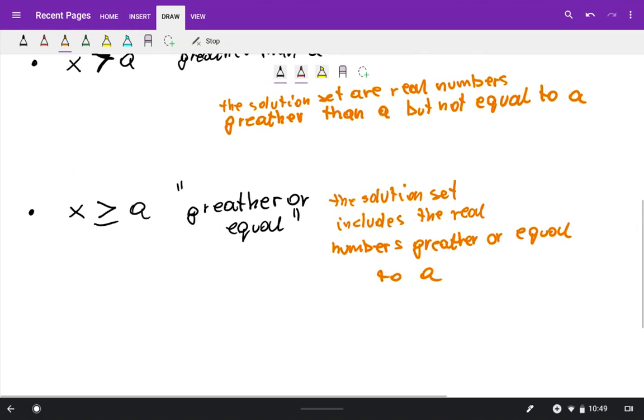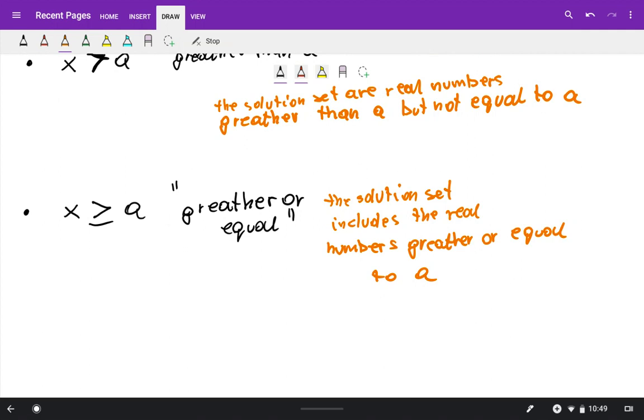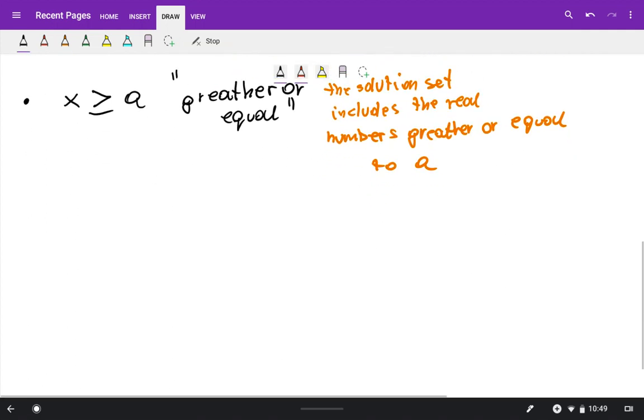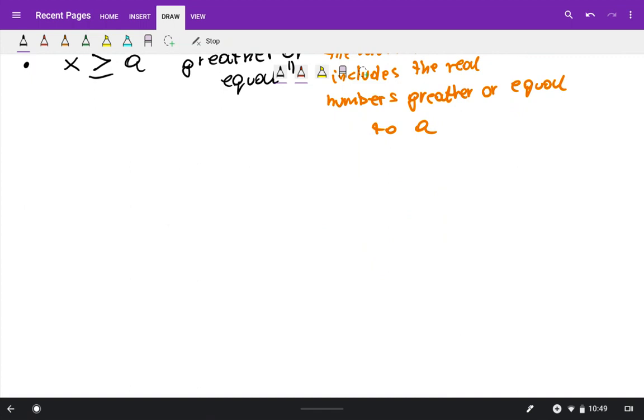Okay, so let's do the examples because I'm pretty sure that most of you feel very confident about that.